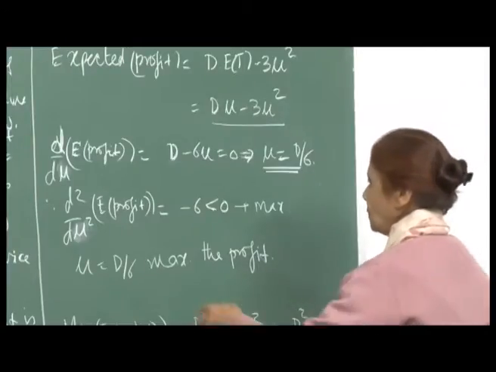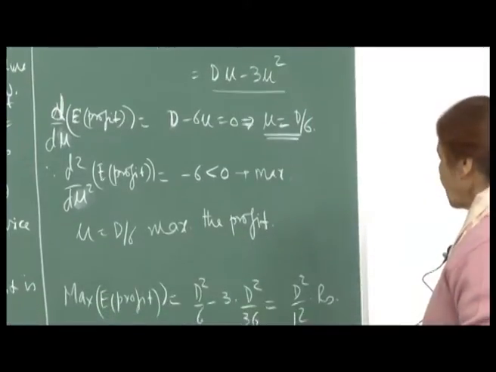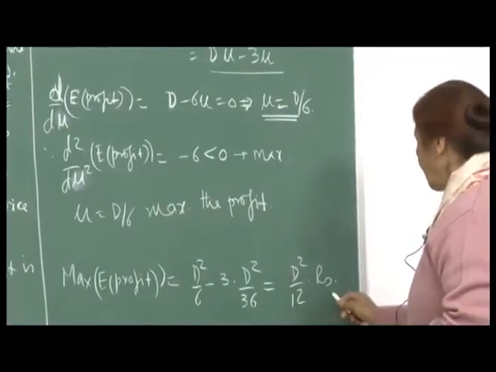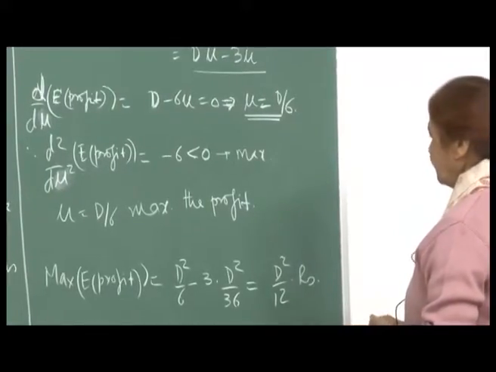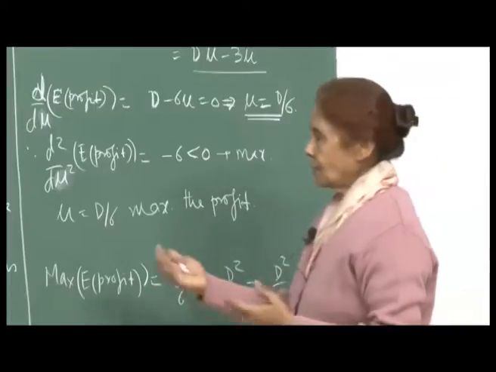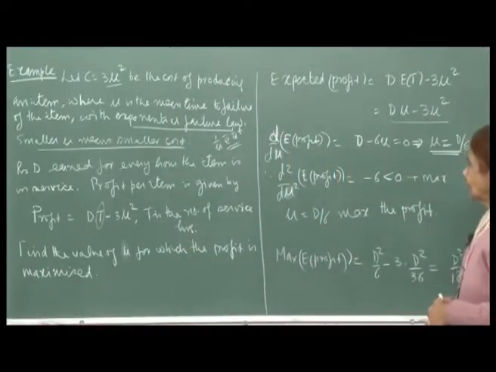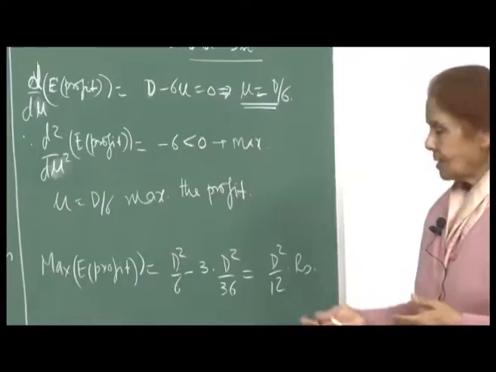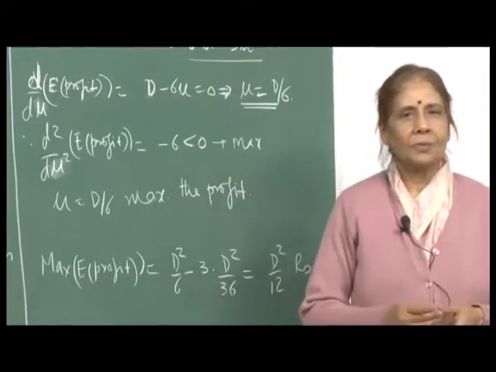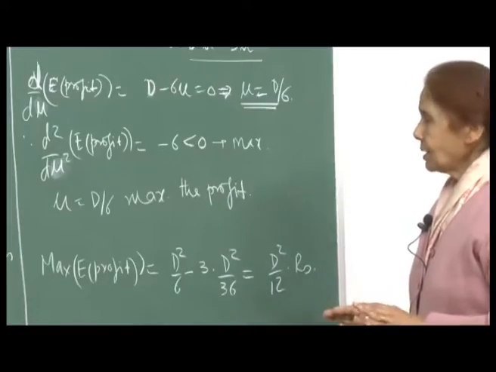Okay, so mu equal to d by 6 maximizes the profit, and the maximum profit is d square by 12 rupees. I am just trying to give you a feeling for the exponential failure law and the kind of problems that can be discussed and that arise corresponding to this.